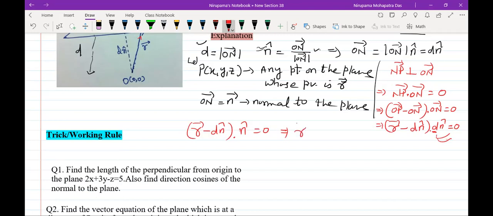So here it is r dot n cap minus D n cap dot n cap equals 0. n cap dot n cap is 1, since it is a square.